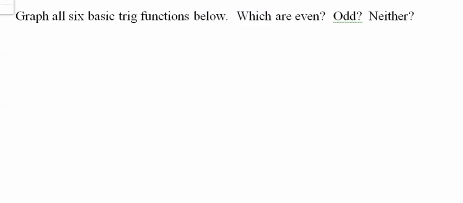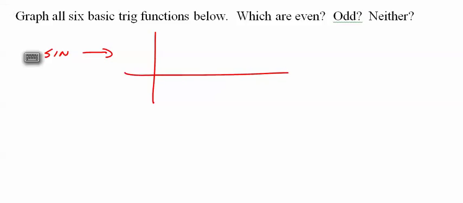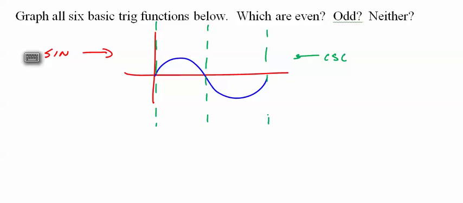I'm going to do quick and dirty graphs of sine. Which is that. And while I'm at it, let's do cosecant, which is just 1 over sine, which has asymptotes. And we can do cosine.